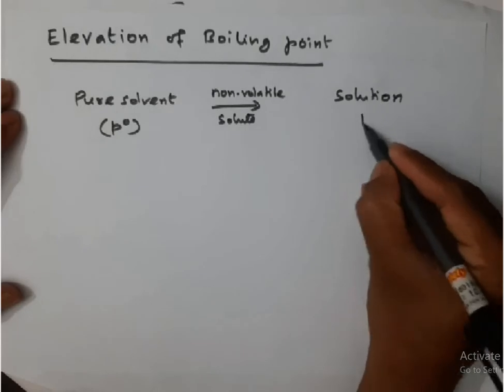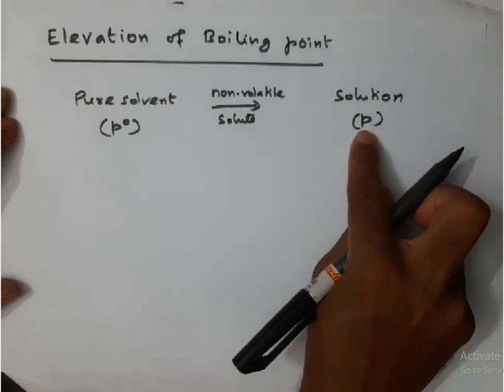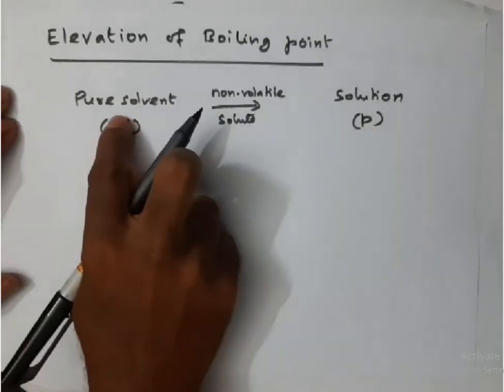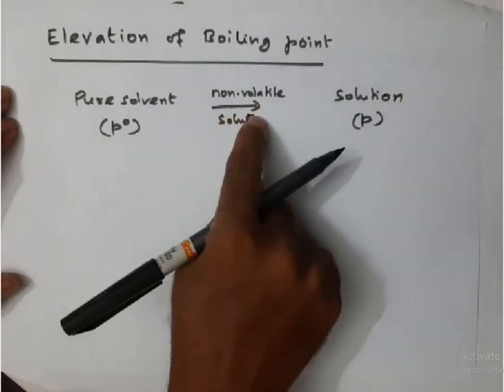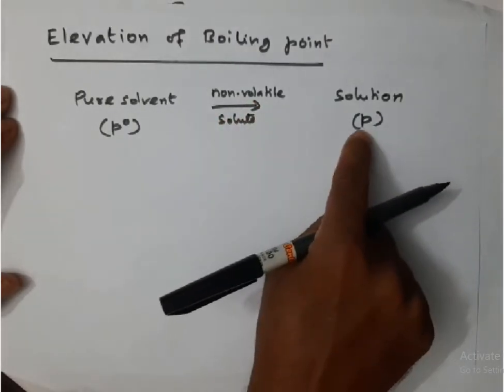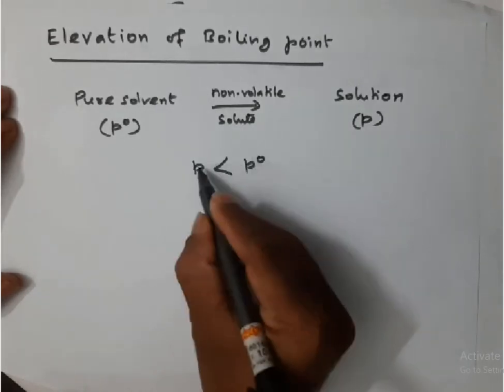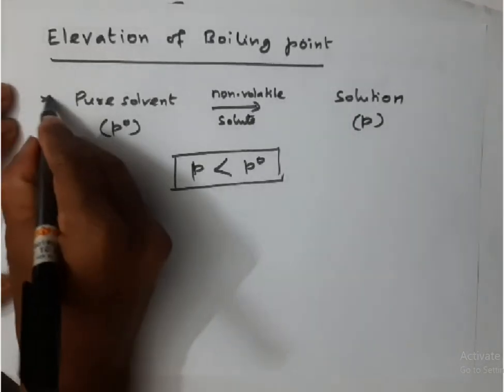The vapor pressure of the solution we represent normally with the symbol P. P means vapor pressure of solution. P naught is vapor pressure of pure solvent. When you add a non-volatile solute, the vapor pressure of the solution is less than the vapor pressure of pure solvent. Okay, this is the first point you should keep in mind.